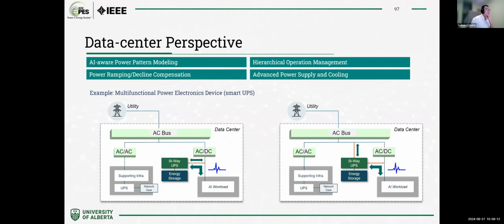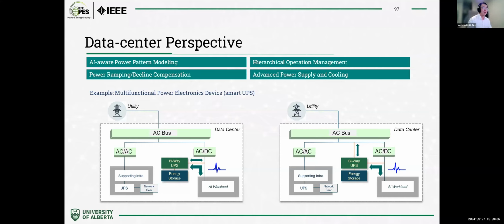And also moving to the data center perspective, we already know that AI will very likely introduce more dynamics to the system, even in the data center, right? So the power pattern model is very critical here. We want to know how the AI really works.